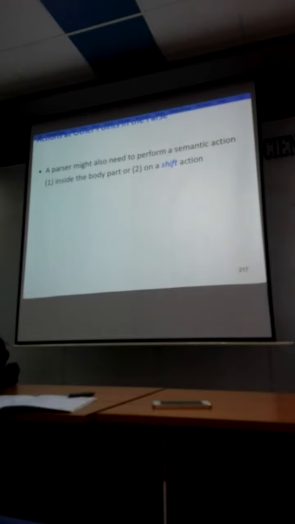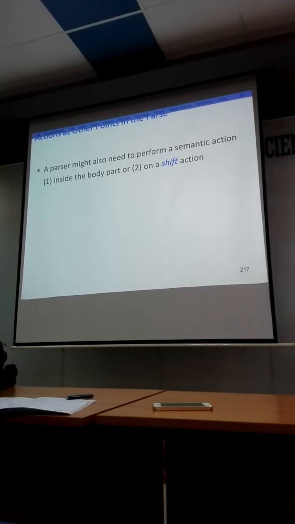Once again, I want to remind you that for technical reasons, we always insert semantic action to the right hand of production, the body part. But in design, in many cases, we need to insert semantic action somewhere inside the body part. Sometimes we need to perform semantic action on a shift action, not on a reduce action.